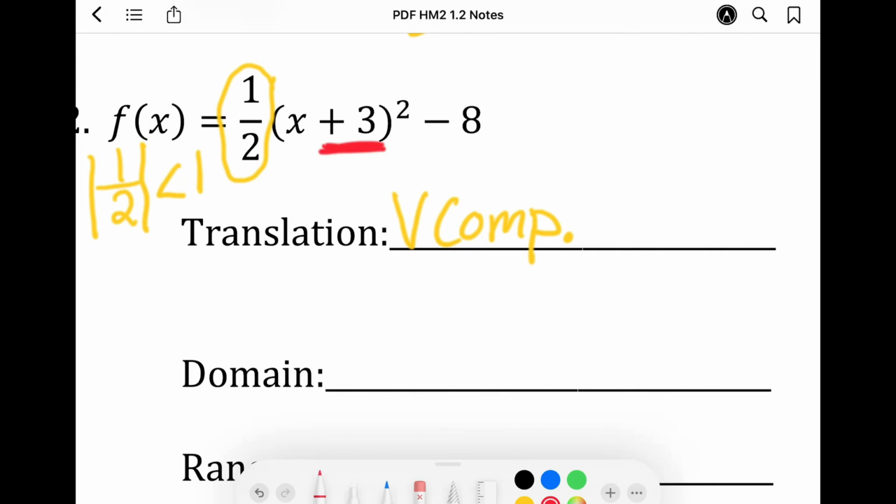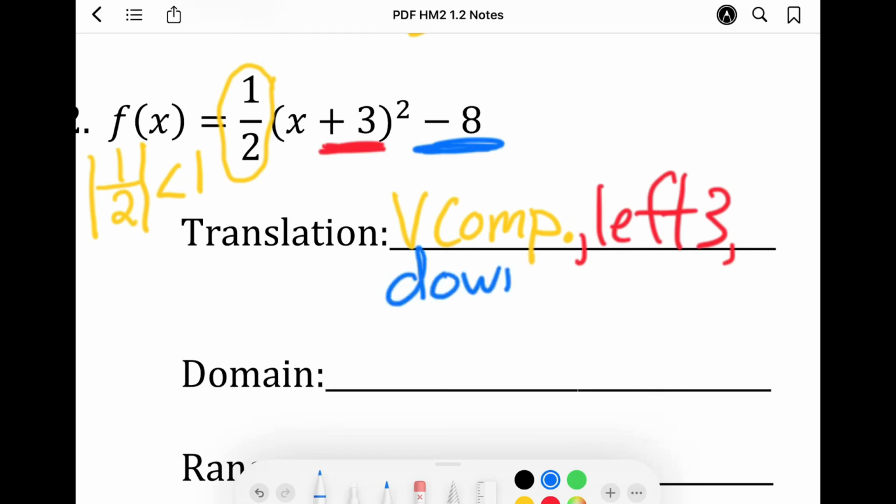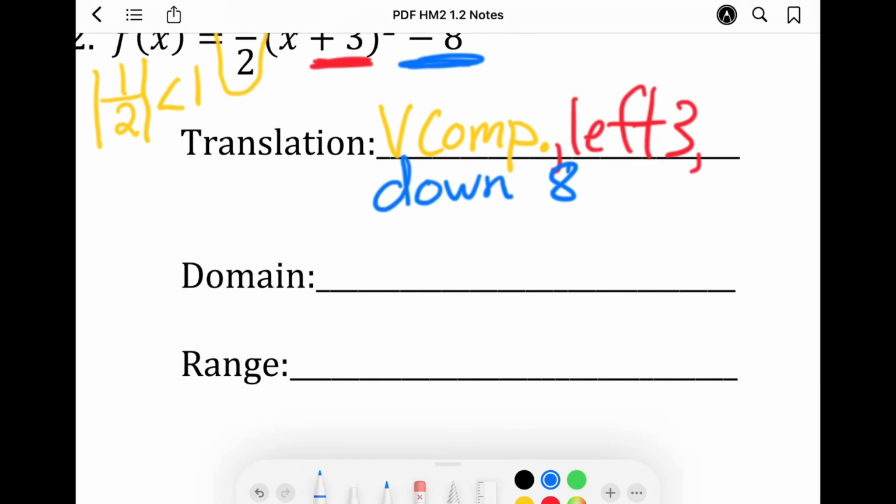What about this +3? Well, on the x-axis, we're going to go away from the positive x values. So we're going to go to the left. And then with this -8, we're on the outside. So we're going to be going down 8.